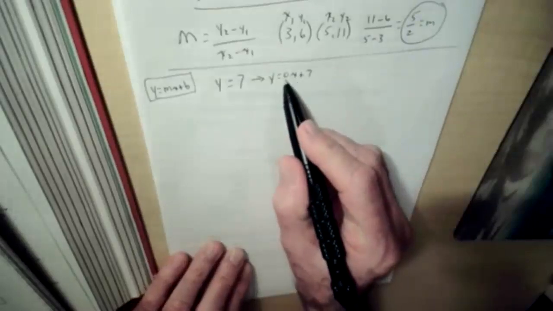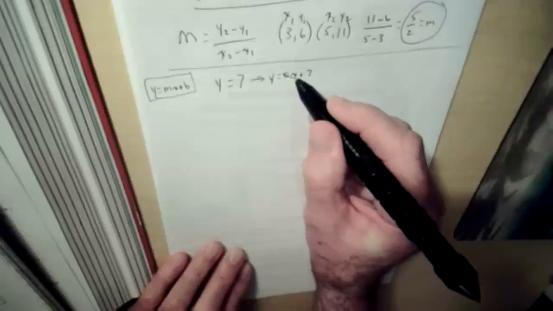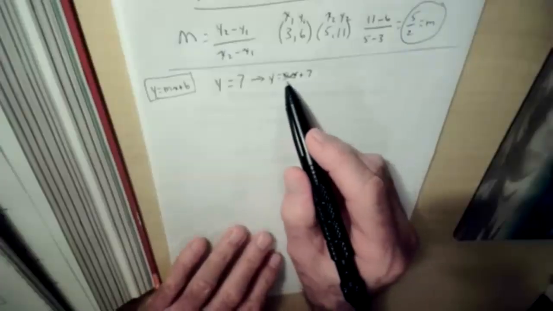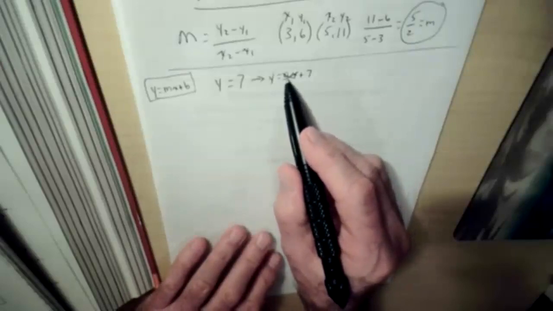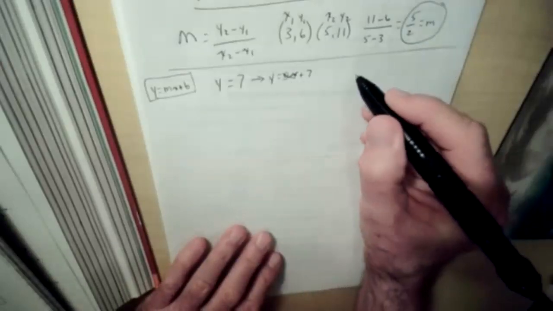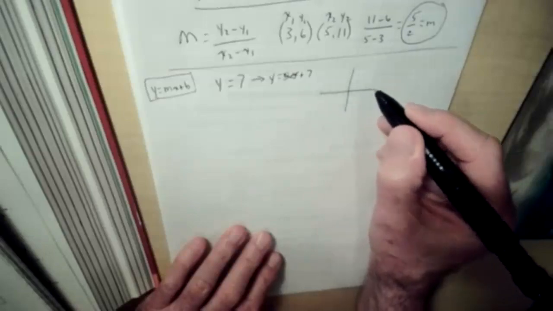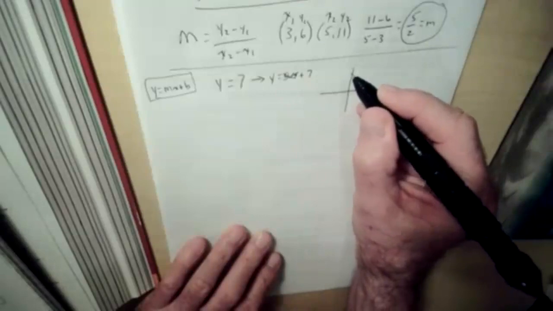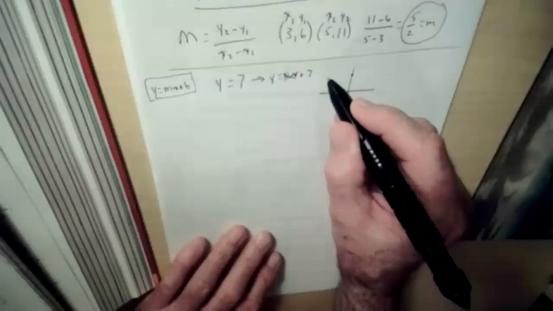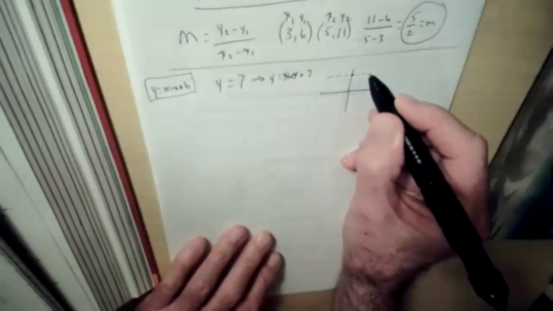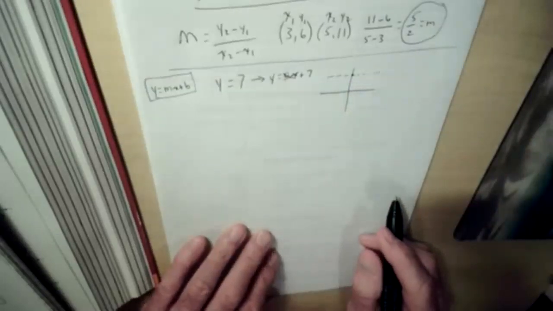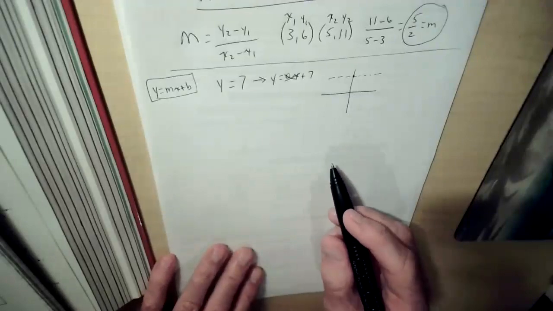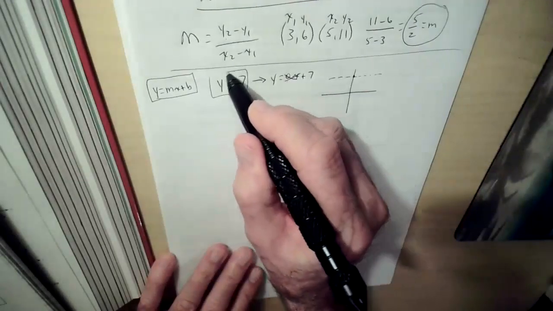We don't write the 0 because anything times 0 is 0, so that's going to be just eliminated. And remember, a slope of 0 is a horizontal line. Horizontal, side to side, like the horizon. So 7 is about right here. And so a slope of 0. And you can put that in your handy dandy graphing calculator and it'll show you this.